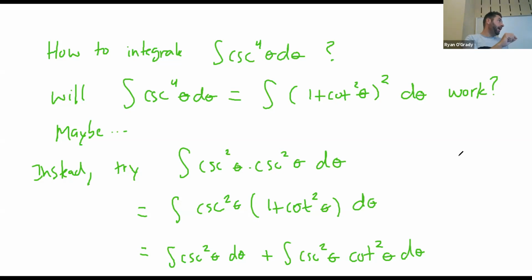What I mean is it took me a moment to think about what my options are. What do I know from past experience that can possibly work here? And I literally wrote the first two things that came to my mind down. The first thing was, why don't I try the most obvious identity? Now, the most obvious identity to me, maybe not to you guys. And in fact, there are very few identities that are obvious to you.